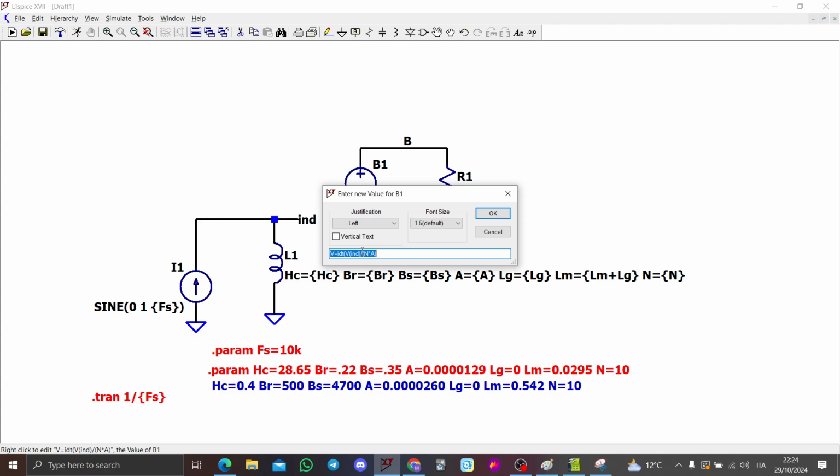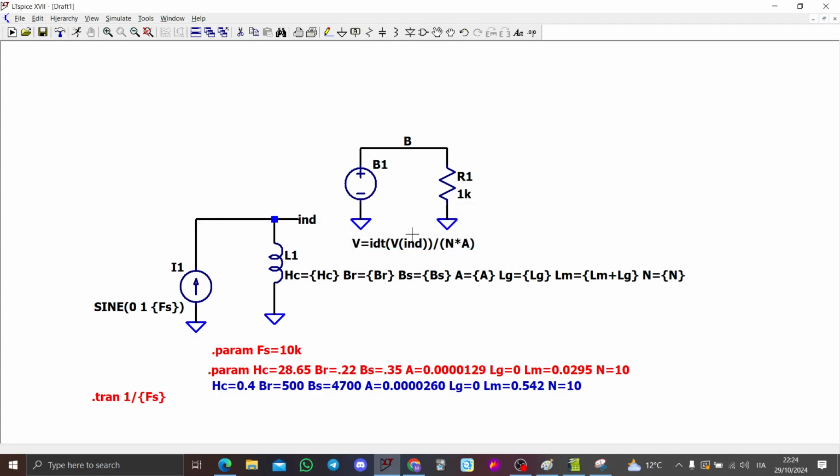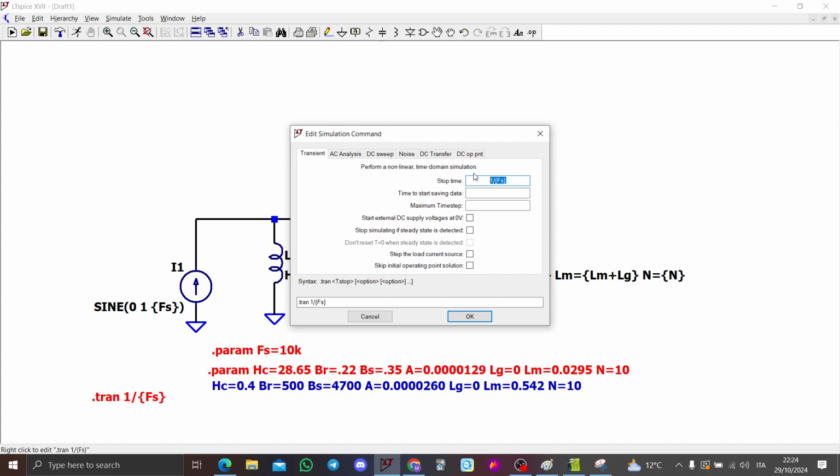Sorry, I forgot a parenthesis. Let's run. Okay, stop time 100 micro.